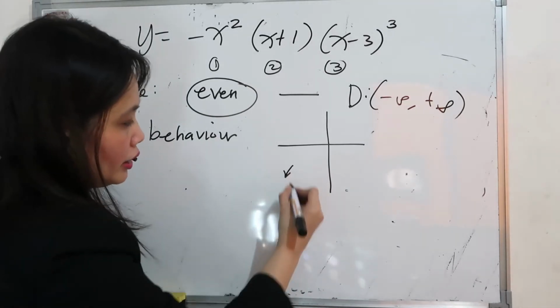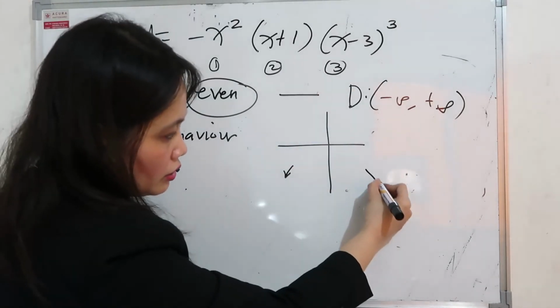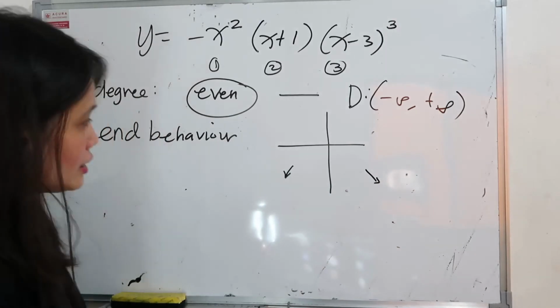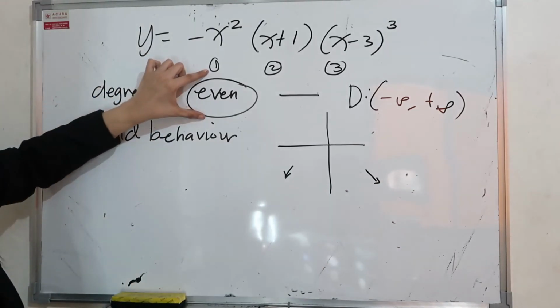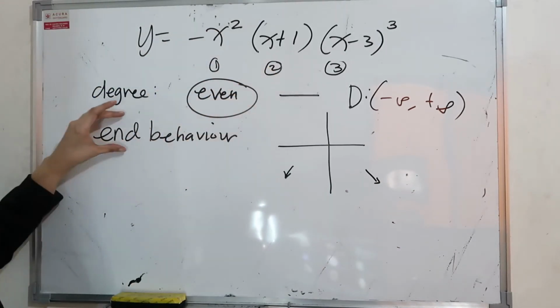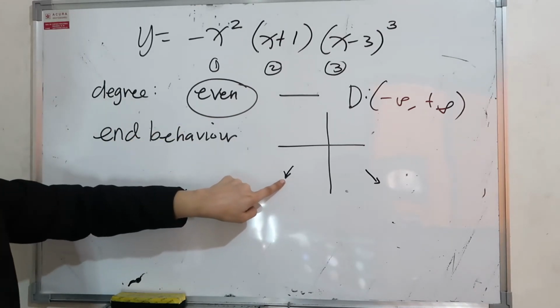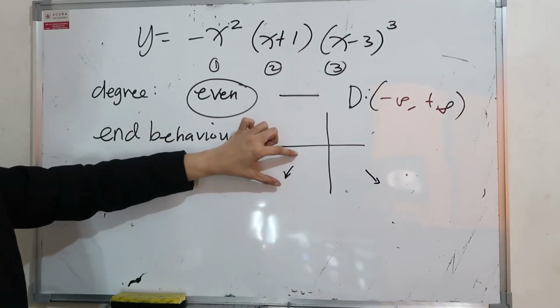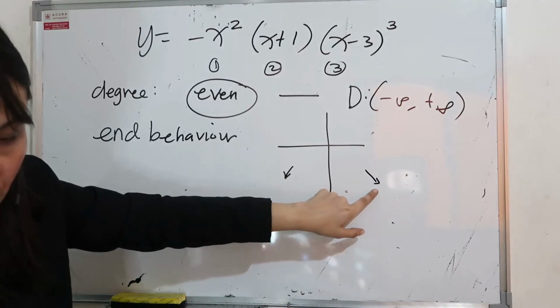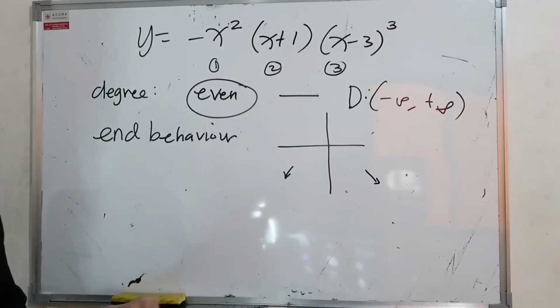Okay, third quadrant. And then the ending point is? Okay, fourth quadrant. Degree is even, and the leading coefficient is negative, so the starting point is on the third quadrant, going to the fourth quadrant. So we cannot predict the range. We need to graph it before we find the range.